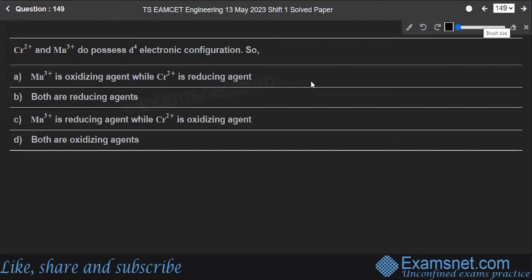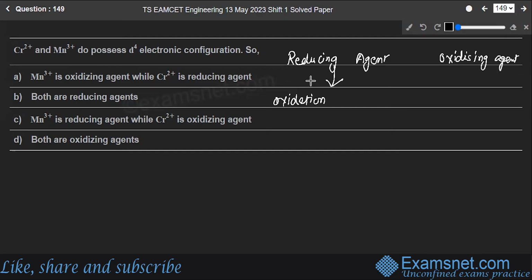If the element behaves as an oxidizing agent, it means it is undergoing reduction.